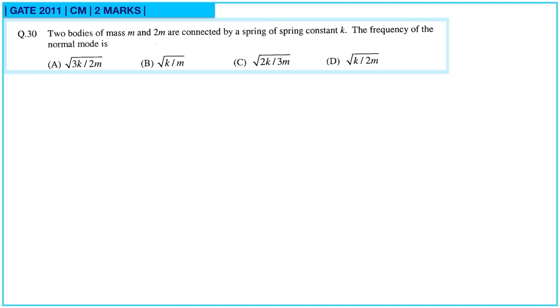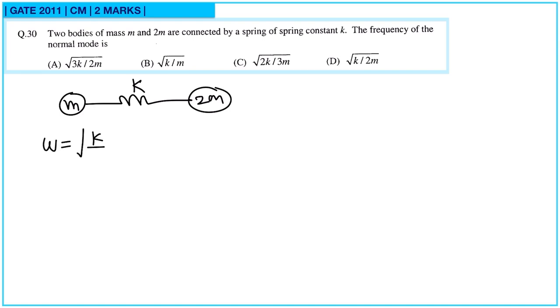Next question. Two bodies of mass m and 2m are connected by a spring of spring constant k. The frequency of the normal mode is... So we have mass m here and here we have 2m. Spring constant is k. Now omega is equal to under root k by mu, where mu is reduced mass, which is equal to m1 m2 upon m1 plus m2.